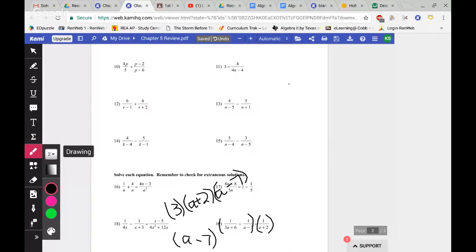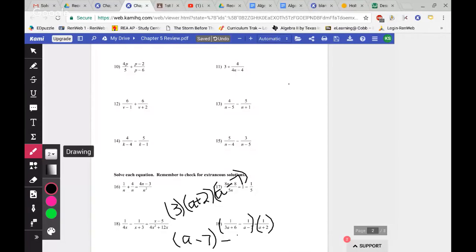All right. So basically what I've done is 3a plus 6 goes into that big thing over here with an a minus 7 left over, and a minus 7 times 1 is a minus 7. Then I've got a subtraction, and a minus 7 goes into this big thing over here with 3 times a plus 2.